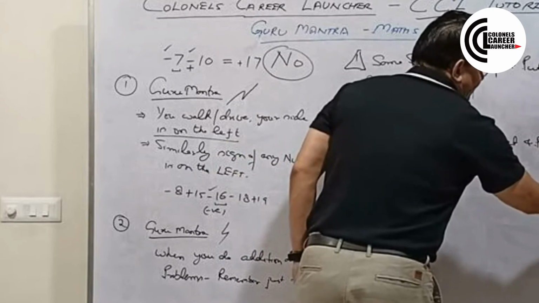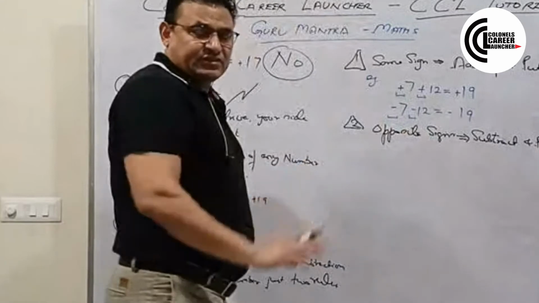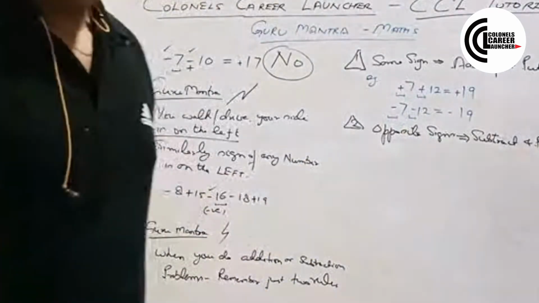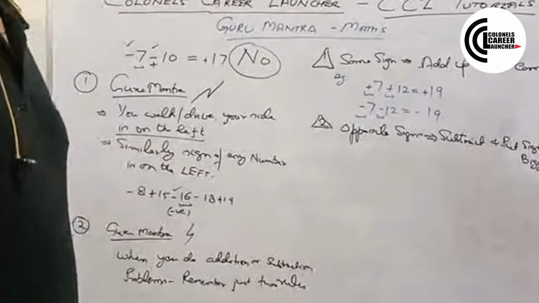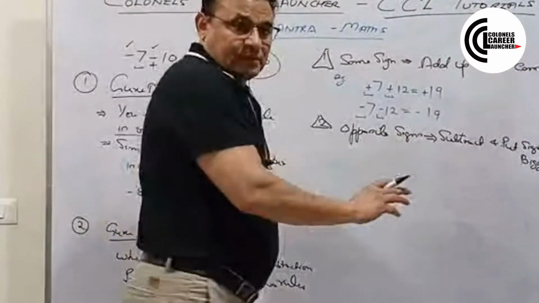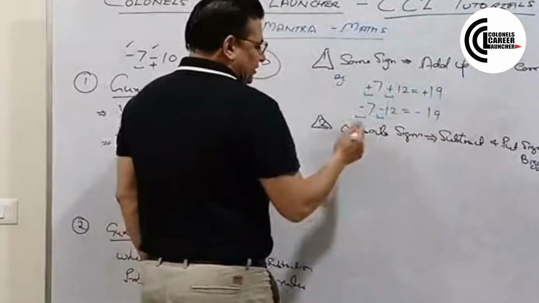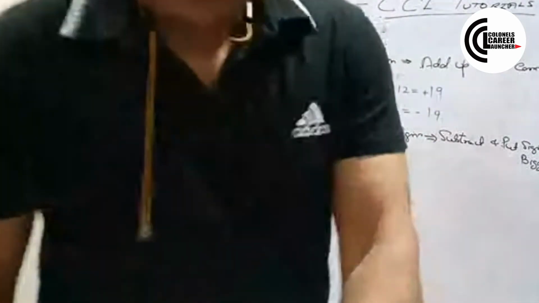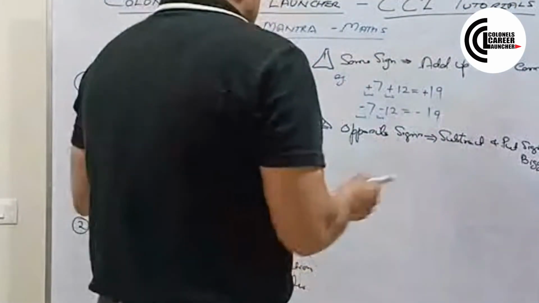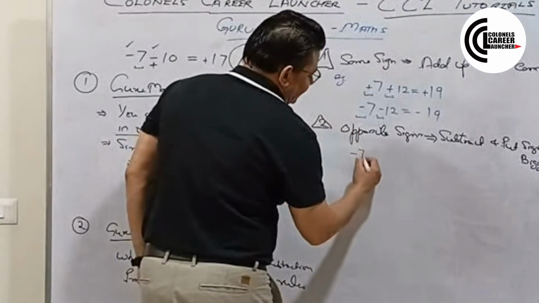Now, in case of integers, negative numbers have a different connotation, but I'm not going into that now. Right now, let me just focus on the simple concept. Okay. So now I have got, let's say, minus 7 and plus 12.